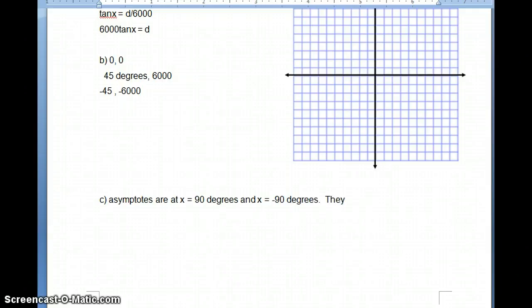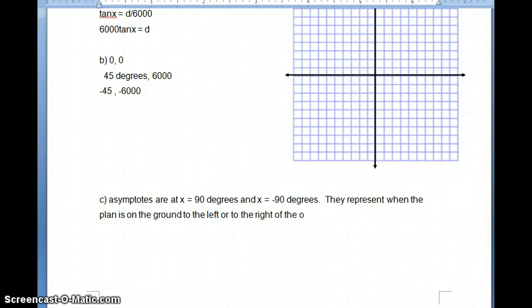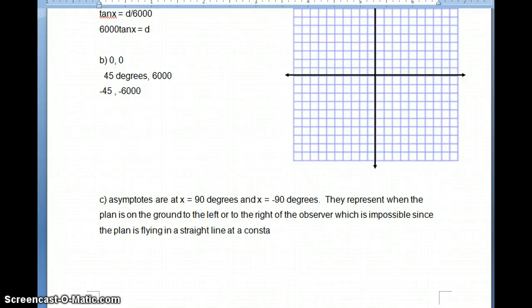They represent when the plane is on the ground to the left or to the right of the observer, which is impossible since the plane is flying in a straight line at a constant altitude of 6,000 meters. So that helps to make sense of why we have those asymptotes.